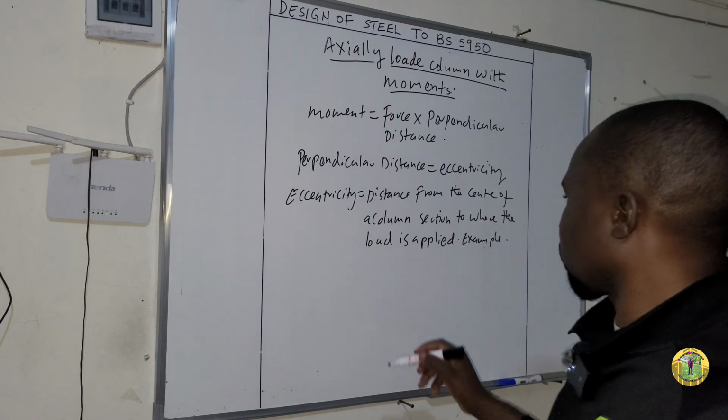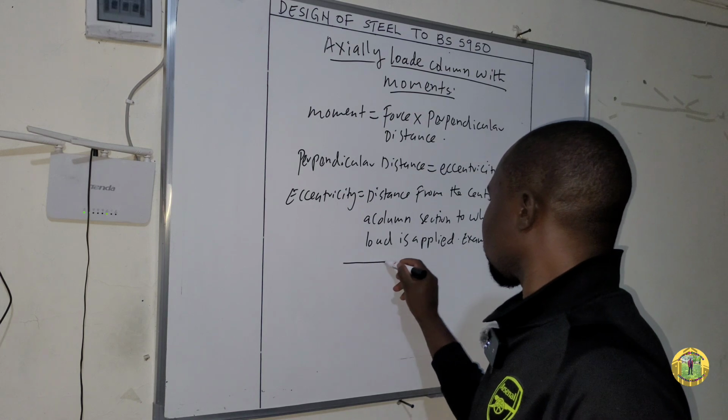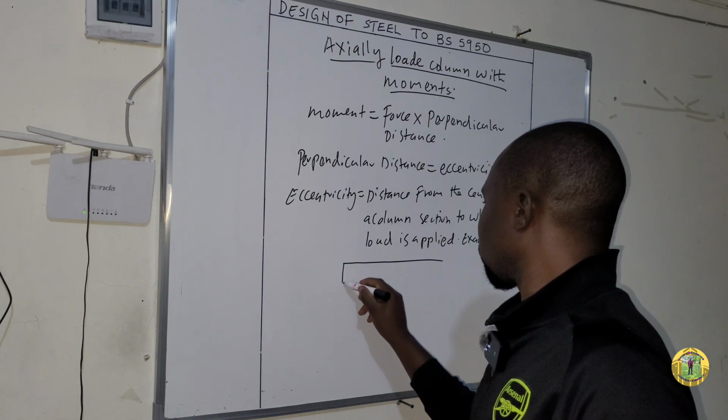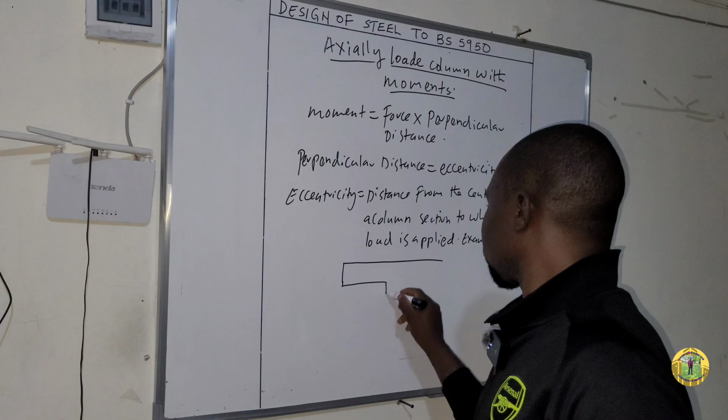if you have a section like this, so this is a section of a column.